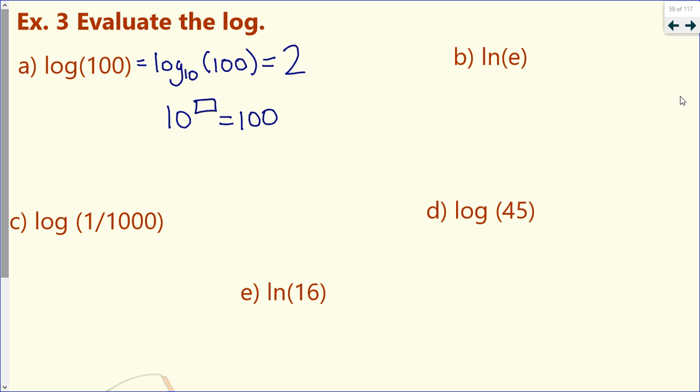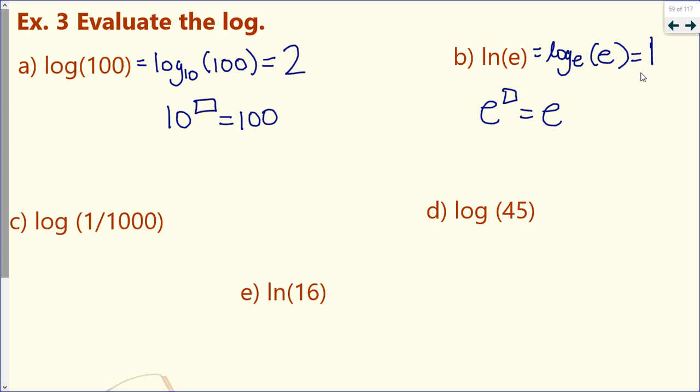Now, ln of e is the same as log base e of e. So log base e of e means e to what power is e? Back when I was in high school, I just had to memorize ln of e was 1 because I didn't really understand it. But if you understand what natural log is and what a logarithm is asking, you can see that it's 1. You don't have to memorize it.